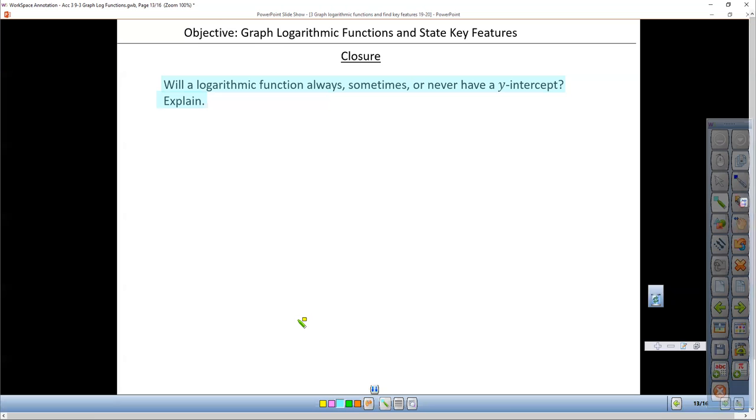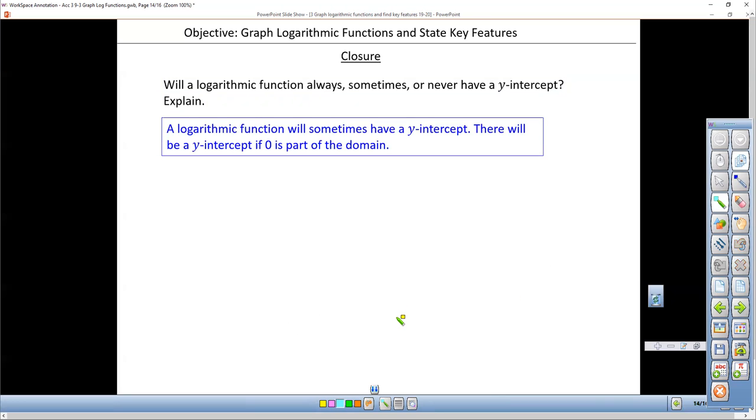Notice it doesn't say what base. So this is about all of those simple logarithmic functions that we've been graphing by hand. So will a logarithmic function always, sometimes, or never have a y-intercept? If we look back, we have some good examples that show us that the answer here will be sometimes, because the value of 0 is sometimes part of our domain.